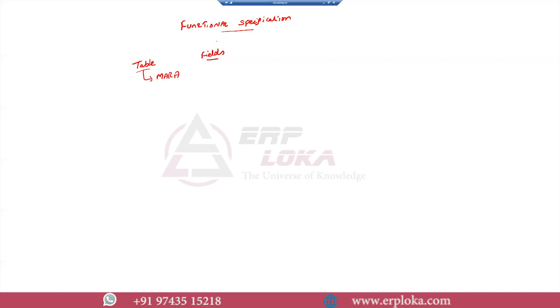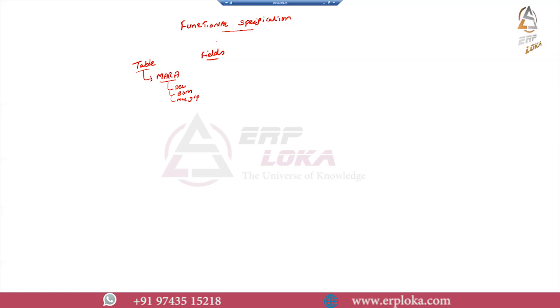In this table, you will see all the fields like description, base unit of measure, and material group. So you will have different fields in a single table. We are going to search the table and give the data, from which table the data is to be picked, to create the functional specification.